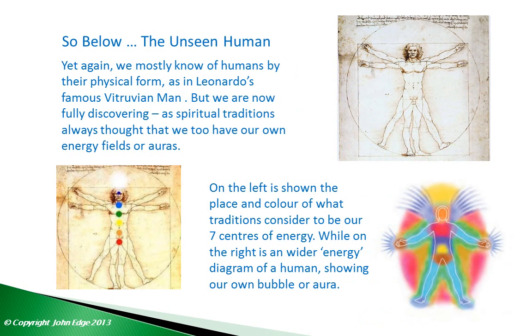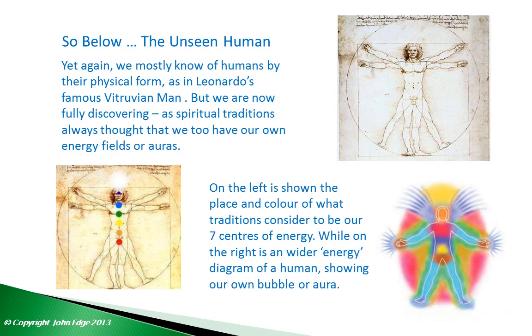And as above, so below, as the ancient philosophers used to say, because indeed, it's the same for us humans. And again, we all know the physical form, as in Leonardo's famous Vitruvian Man, but we're now discovering, as indeed spiritual traditions have always known, that we too have our own energy fields or auras or energy bubble around us.